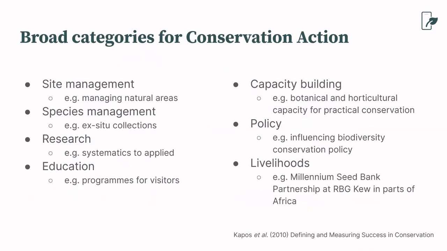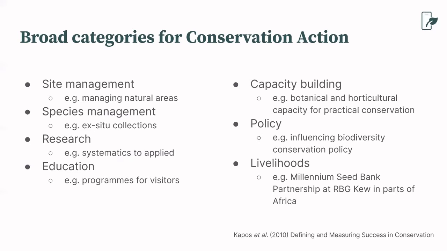Another thing that's quite interesting is that these areas for measuring success come in quite broad categories. In the context of collections and botanic garden visions and missions, there are actually other areas that are important beyond simply the collection itself.